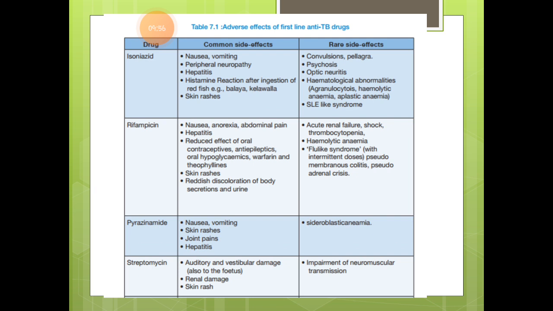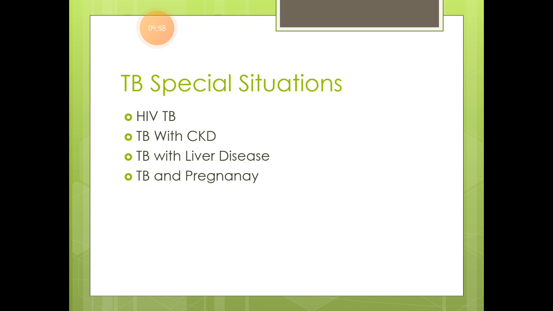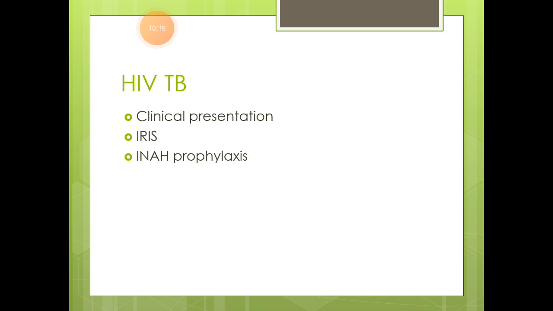mark your MCQs. And then there's another chapter you should read, that's TB in special situations. In there actually TB with HIV, TB with chronic kidney disease, TB with liver disease, TB with pregnancy, you should study in detail. Considering HIV and TB, it's really important because the clinical presentation is different from a normal subject.